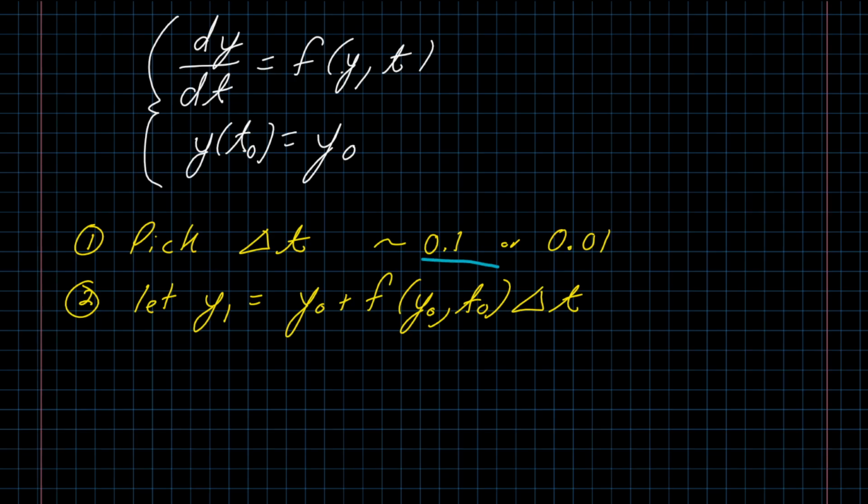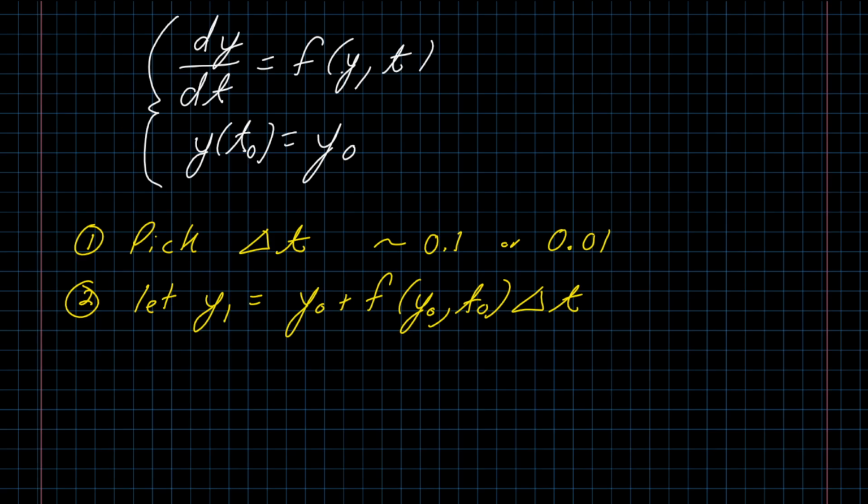So if we take that slope, we evaluate it at our given point, and multiply by the size of our t-step, that will give us the size of our y-step. So all this stuff together, you can think of as delta y. So you take y0, you add delta y, you get y1.